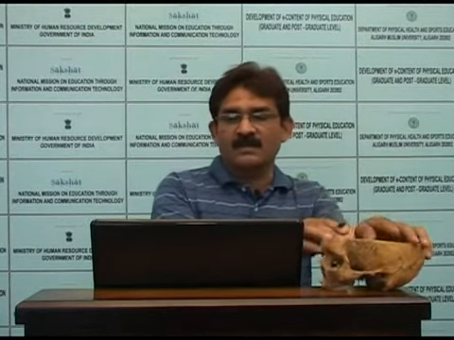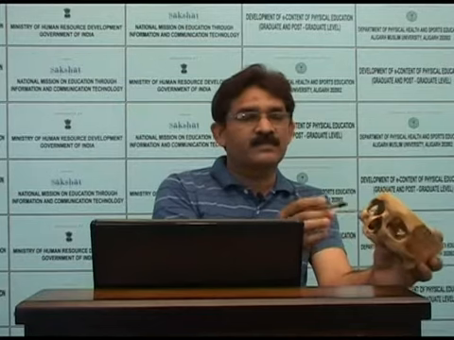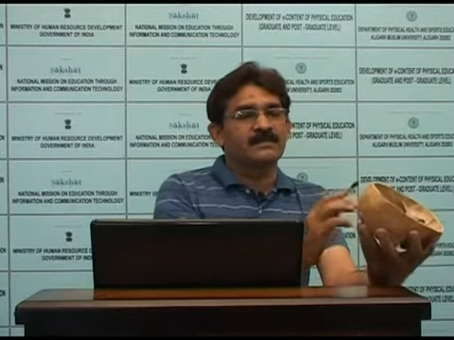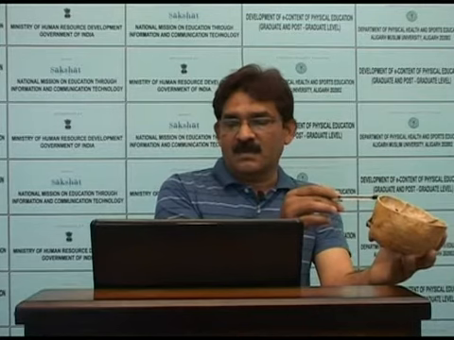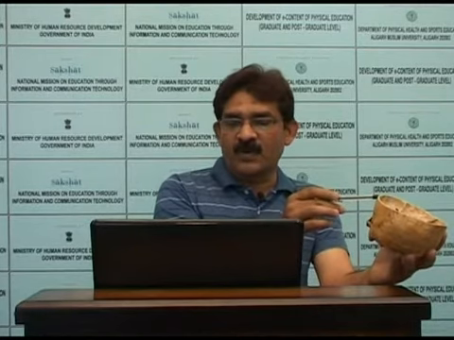This is called the coronal suture, and this is the parietal bone, this is the occipital bone, here is the temporal bone, and here the sphenoid bone.